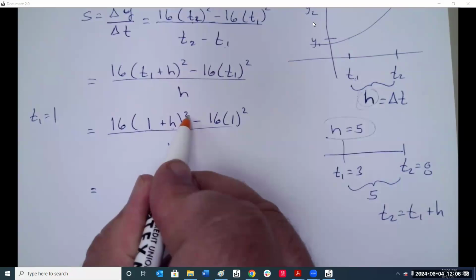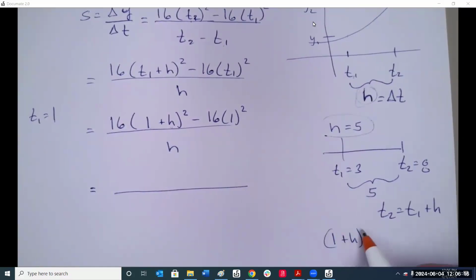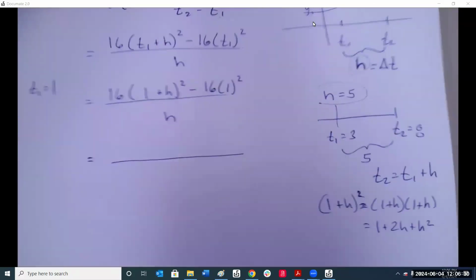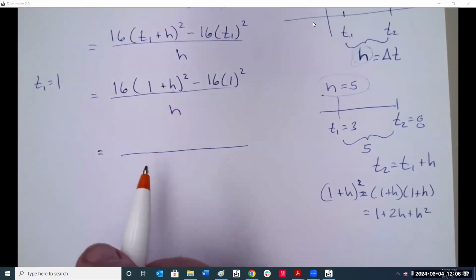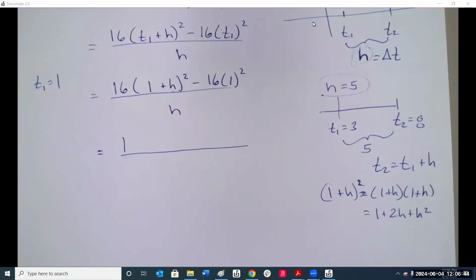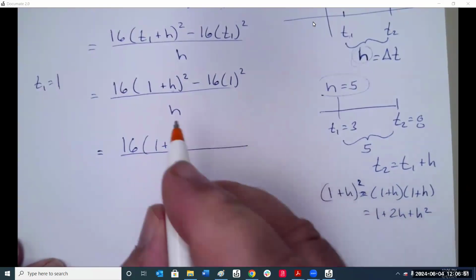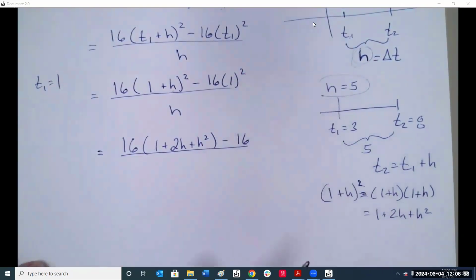What is 1 plus H squared? 1 plus H squared is 1 plus H times 1 plus H, which gives us 1 plus 2H plus H squared.